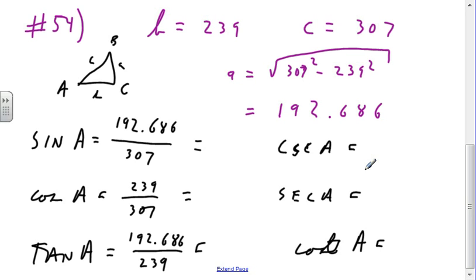Okay, so 192.686 divided by 307. And I want it to 3 significant digits because the problem wants 3 significant digits. Okay, that's good. So I've got 0.0628. 1 divided by my answer, and I've got 1.59.